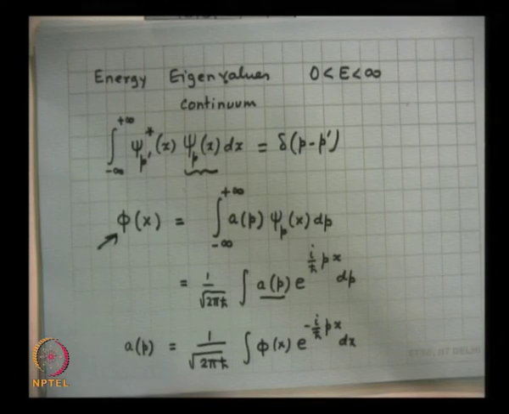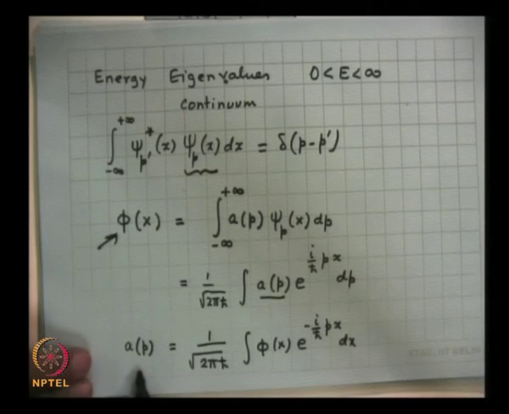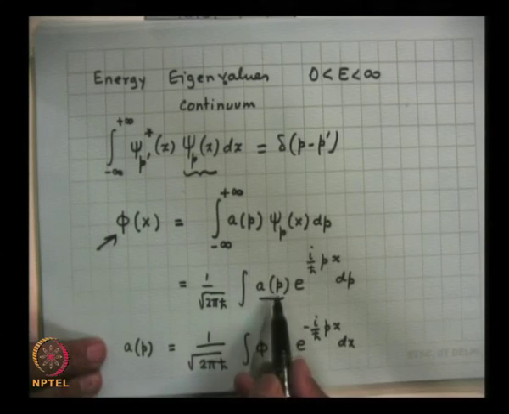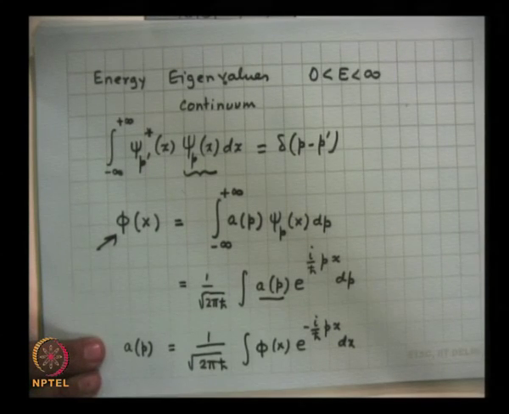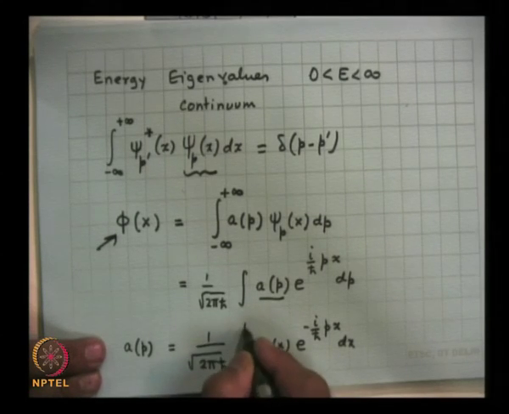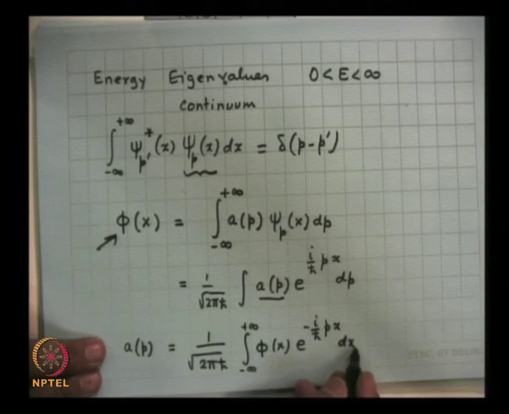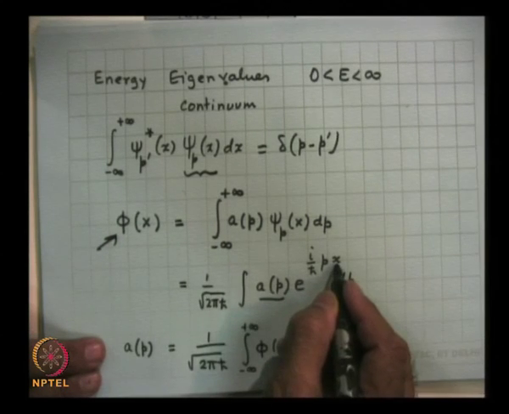Now, I can substitute for a of p in this equation, but I have to be careful once again. This is a definite integral over x, and this x should not be confused with this x.